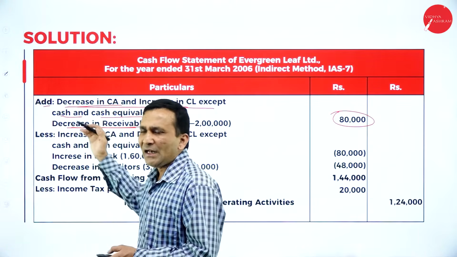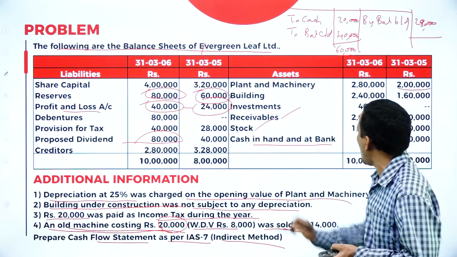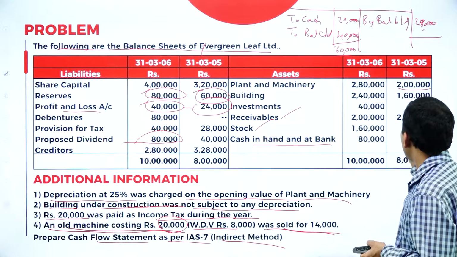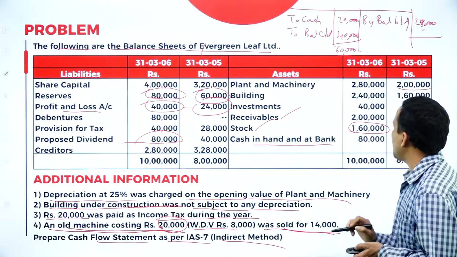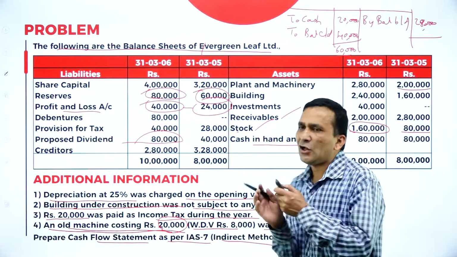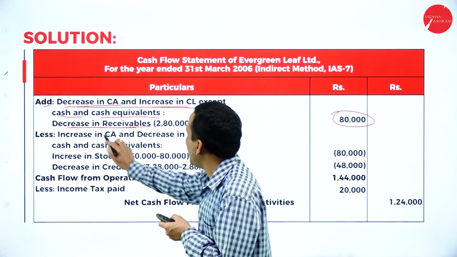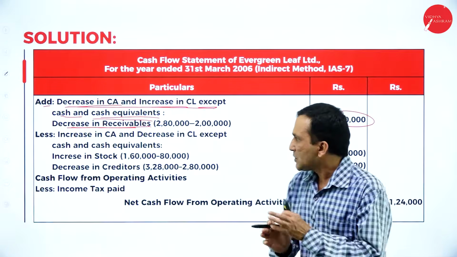There is only one item. In this case, if you try to compare the stock, the opening date is actually 80,000 and the closing is 1,60,000, but why are we not taking stock? I have explained it very clearly here. Except cash and cash equivalent.